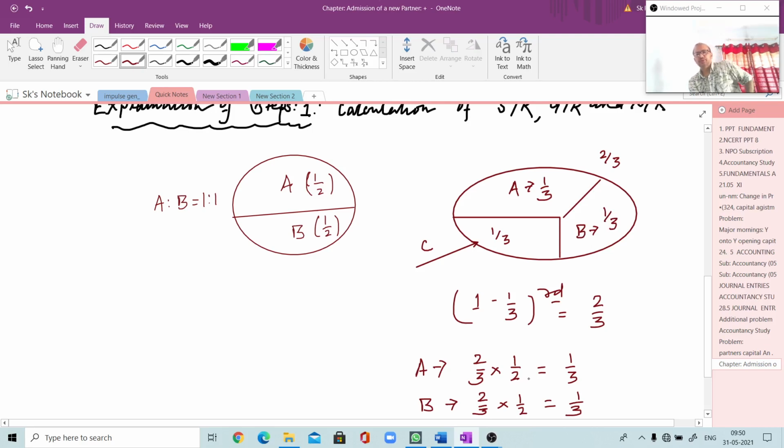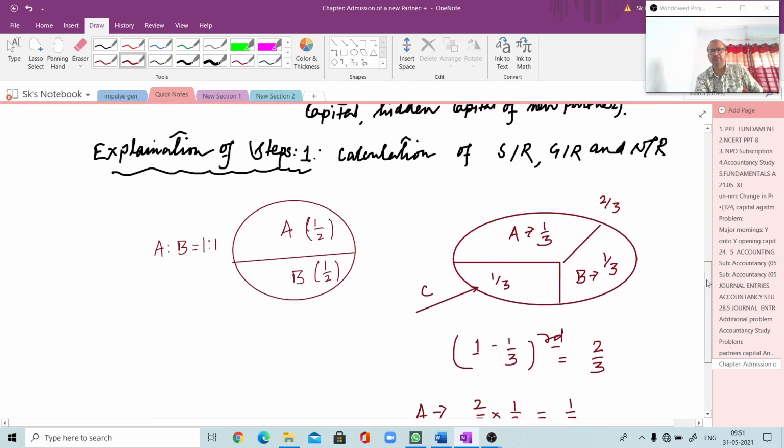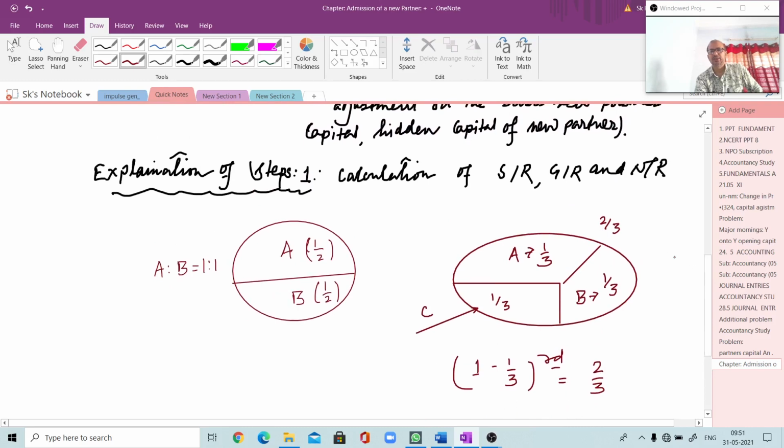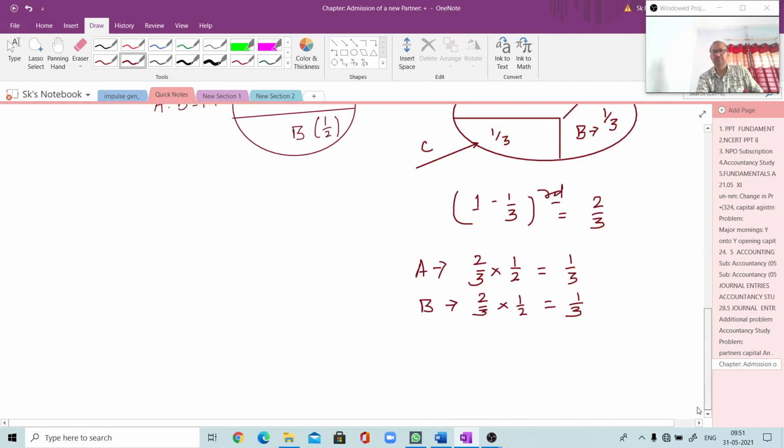So this way, the new ratio is 1:1:1 and the old ratio is 1:1, and we can easily understand what changes take place here. With the new ratio and old ratio, you can easily find out SR and GR.